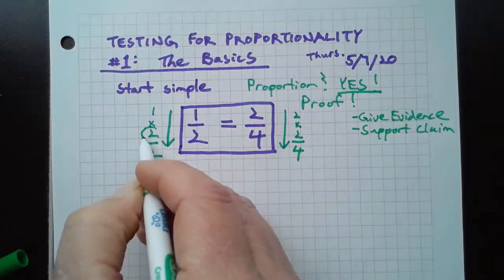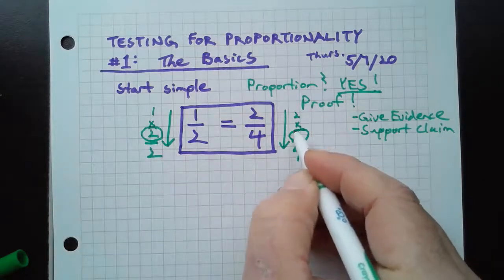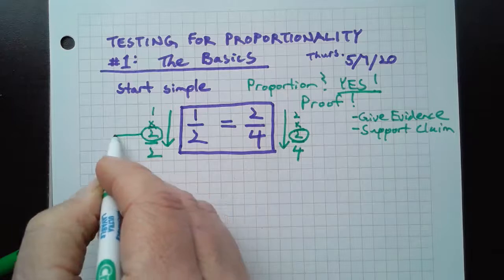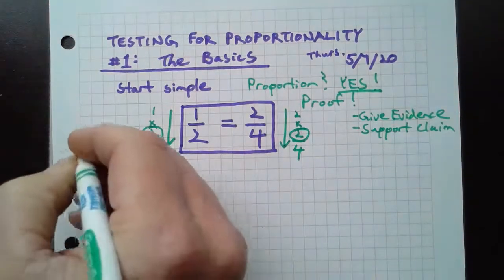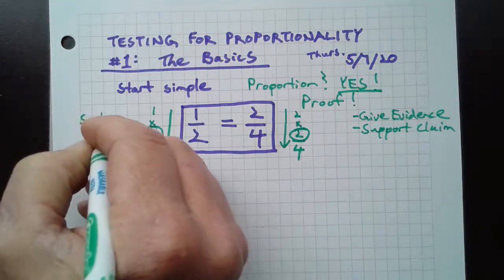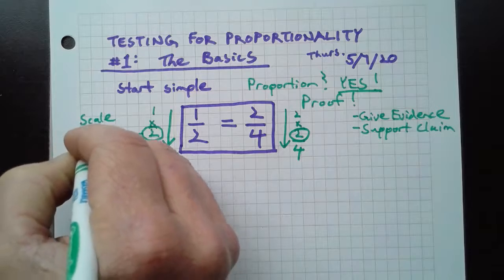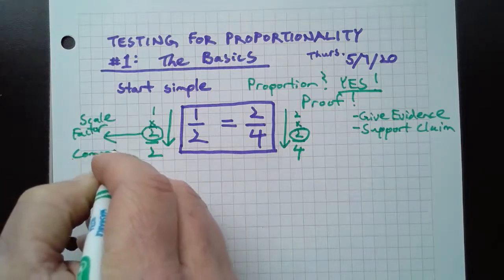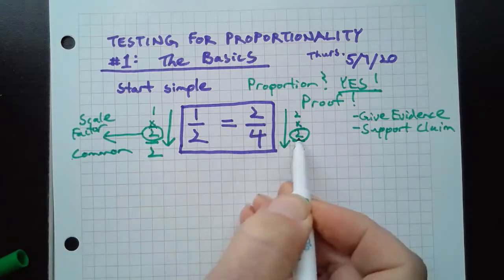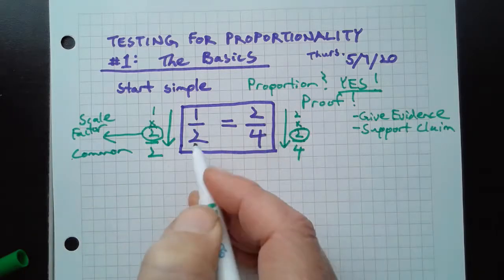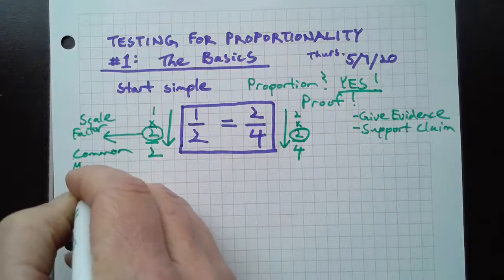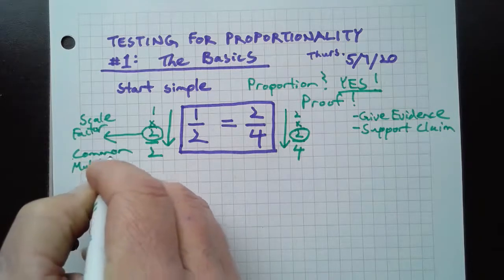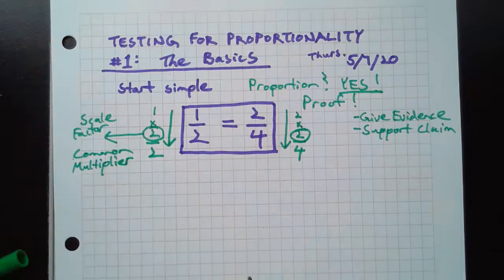But the key here is that 2, which we're going to call our scale factor. Here we go back into the language. Our common multiplier. Both sides use 2 as a multiplier from top to bottom, which is evidence that these are proportions.